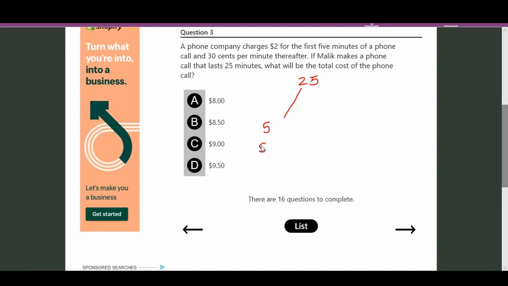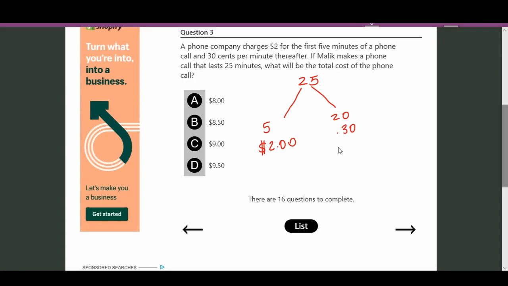You're going to be charged $2. Okay, that leaves you, as you can clearly see, with 20 minutes of talk time during this particular call, albeit at 30 cents per minute.